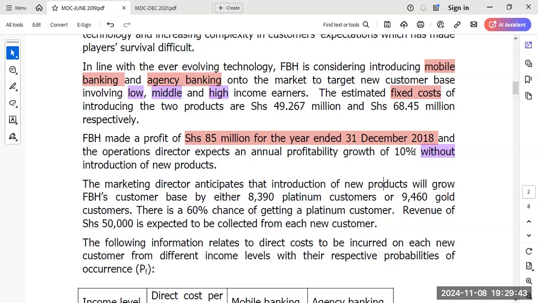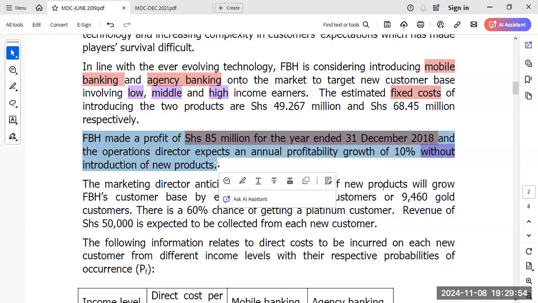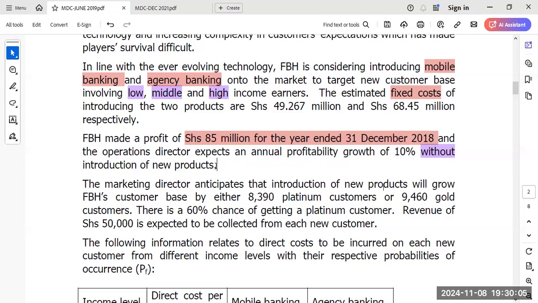It will increase by what? By 10%. So that's something you need to also note. This information is going to help you when you're tackling the option of not introducing a new product.